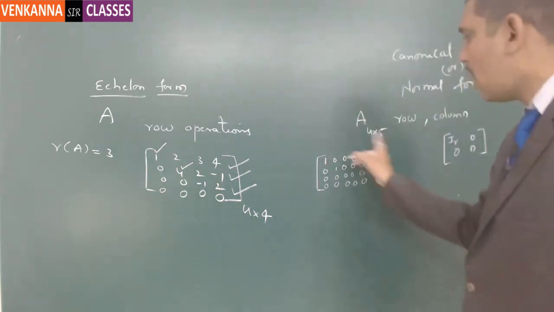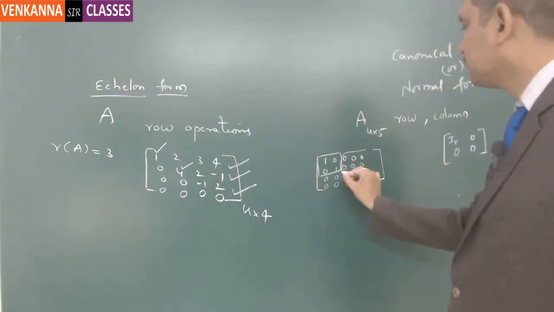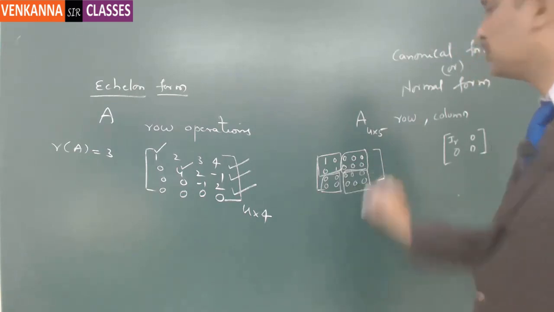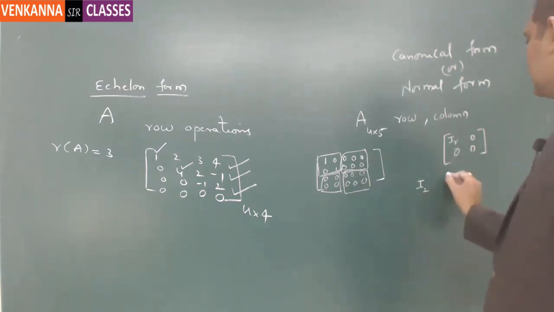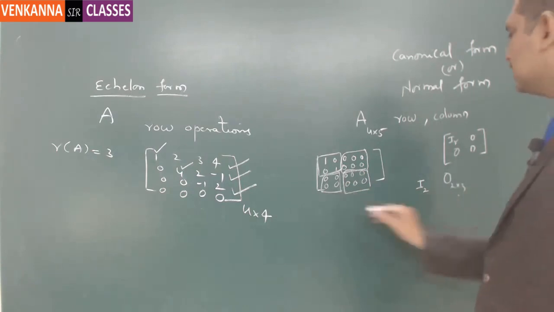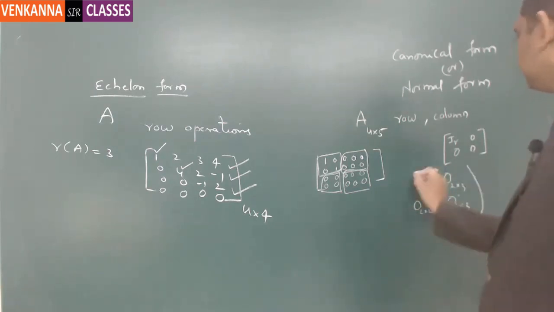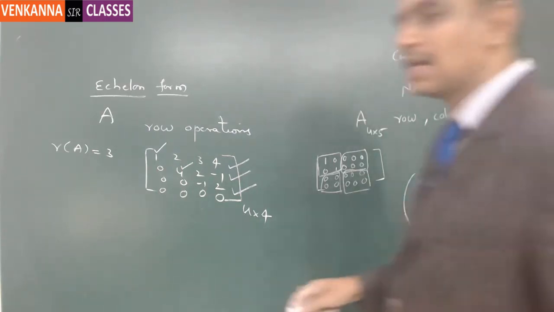Now on observing this, this is the identity matrix of order 2, this is a zero matrix of order 2 by 3, this is a zero matrix of order 2 by 2, and this is a zero matrix of order 2 by 3. So after applying row and column operations, the given matrix will be reduced to the form [I_r 0; 0 0]. Whatever identity matrix order you get, that will be called the rank of the matrix.